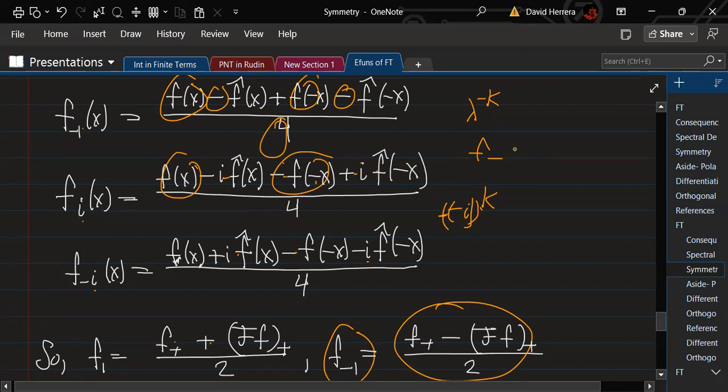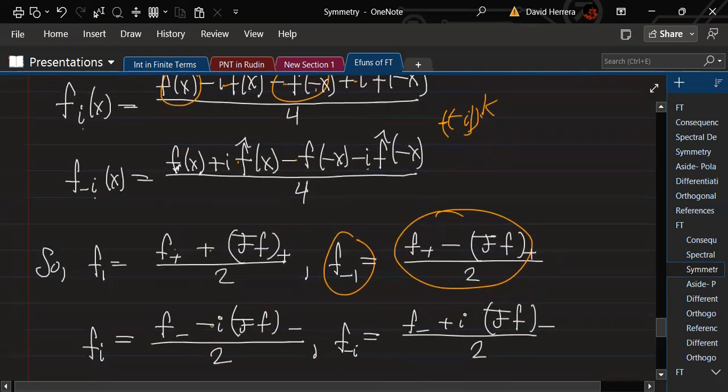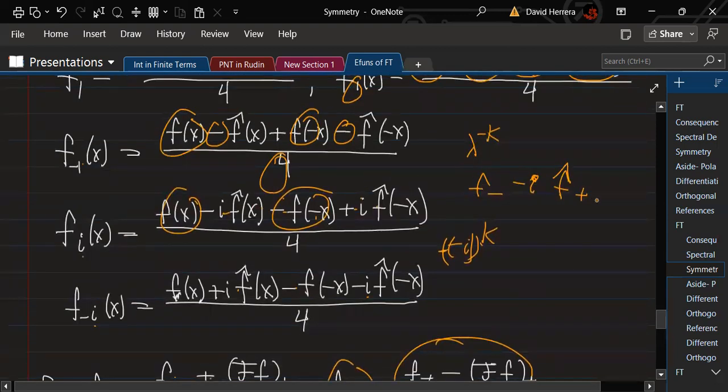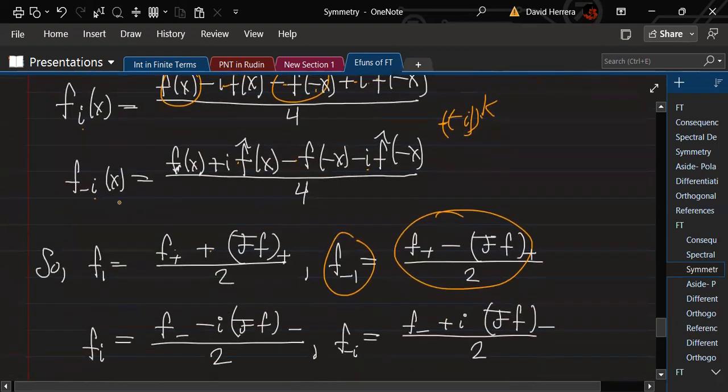So it's going to be minus i Fourier transform of f plus. I think, yeah, so that's what I have here. Or I apologize, it's not plus, it's minus, because these have different signs. And then this one, because these have different signs as well, but there's a plus here, so this is going to be the plus one.